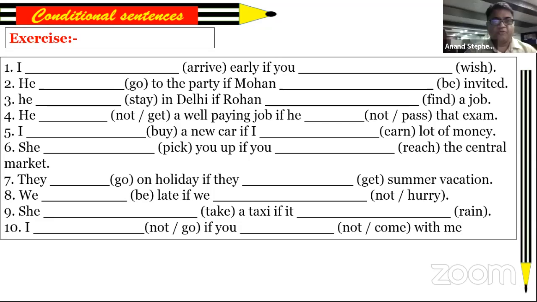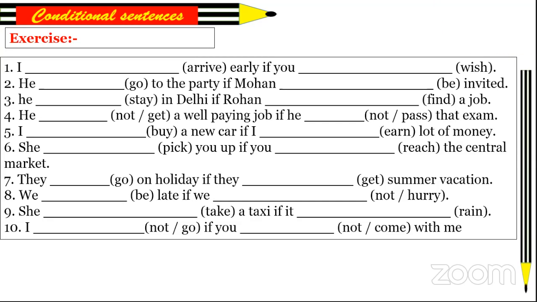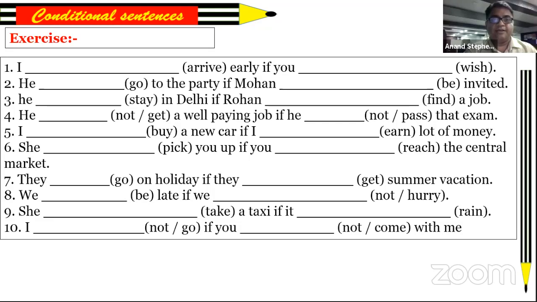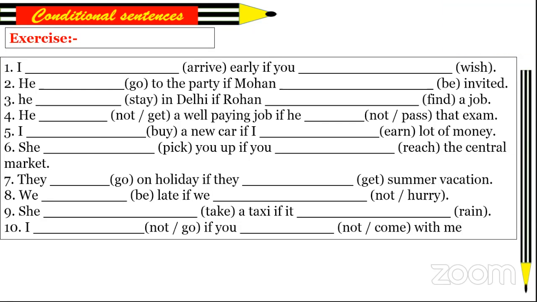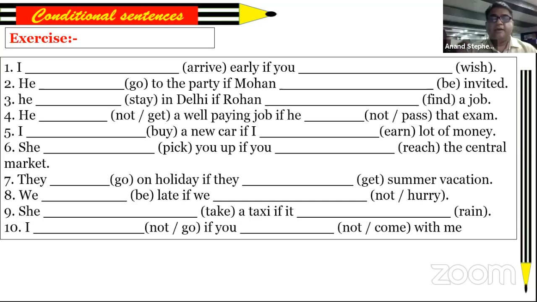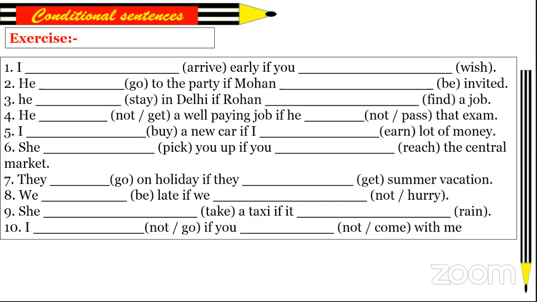First one I'm going to do for you. I will arrive early if you wish. Can you now tell me which kind of conditional sentence it is? Is that first conditional sentence?